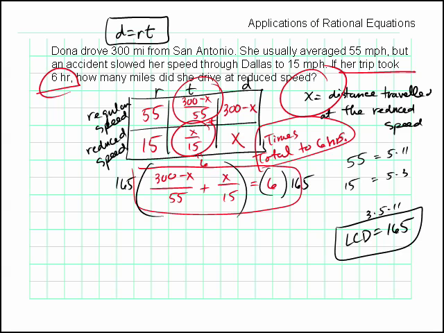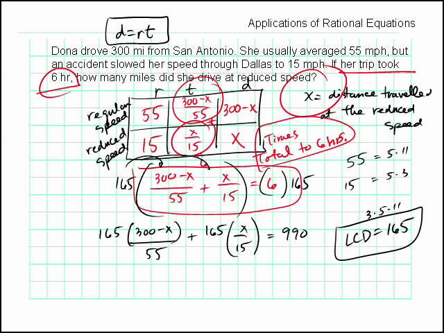Now if I distribute this, I have 165 times 300 minus x over 55 plus 165 times x over 15, and that should equal 165 times 6, which is 990.